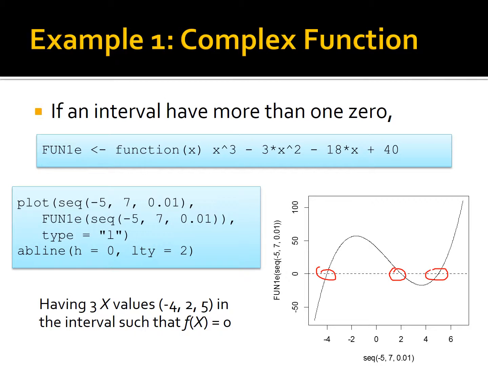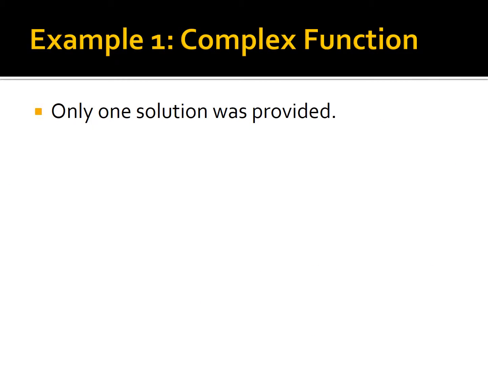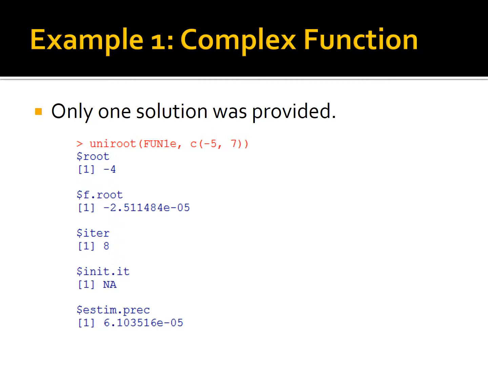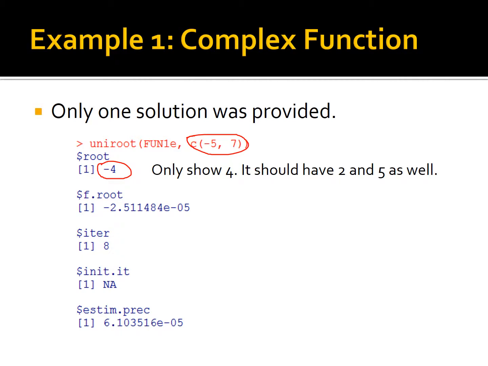You will see we have 3 x values such that y equals 0: negative 4, 2, and 5. Even though we have 3 zeros inside the interval, if we provide this interval, it will give you only the first zero. It only shows negative 4, but it should have 2 and 5 as well.